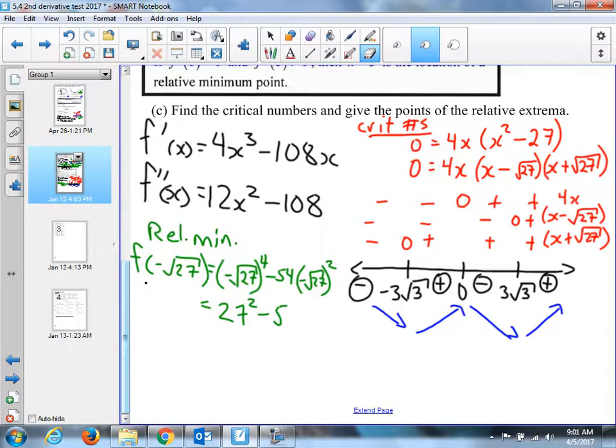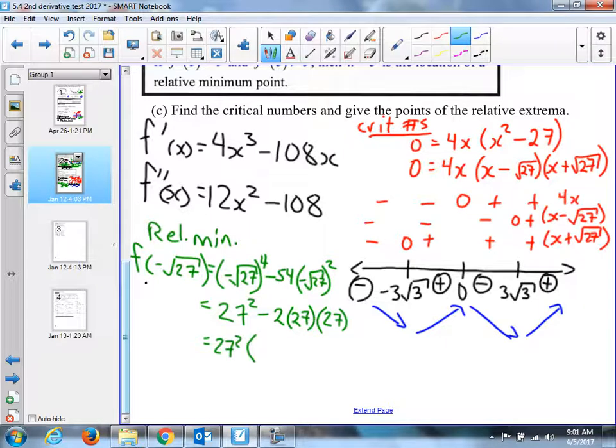Do you guys recognize 54 as 2 times 27? Here's how I'm doing it in my head. And then this squared is 27, right? So when I see this, I see 27 squared times 1 minus 2, which is negative, right?